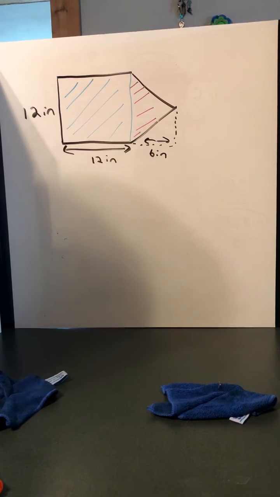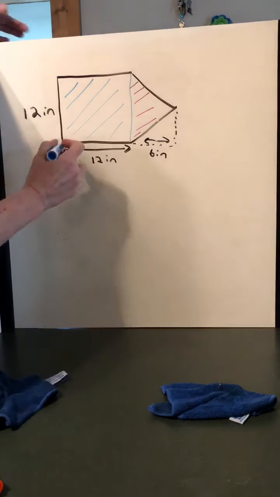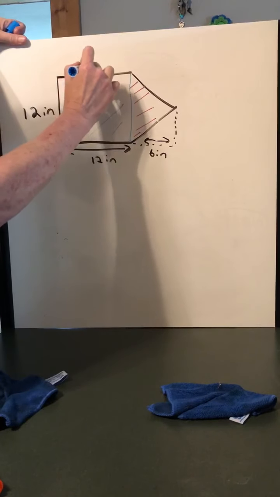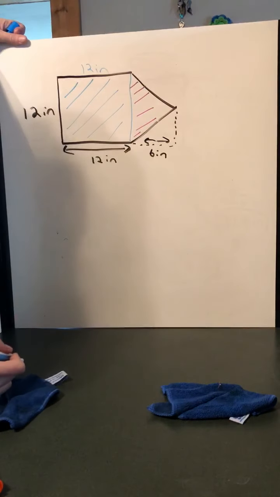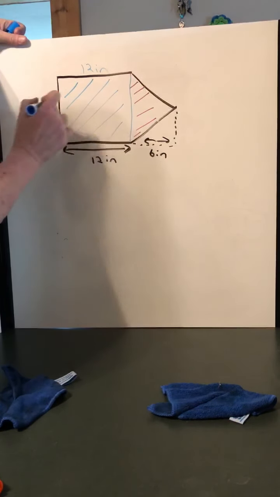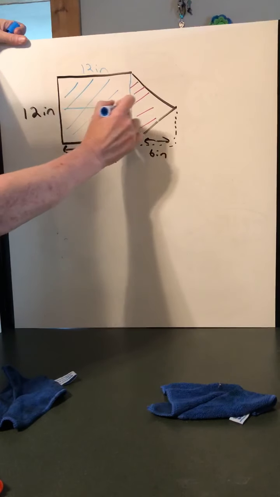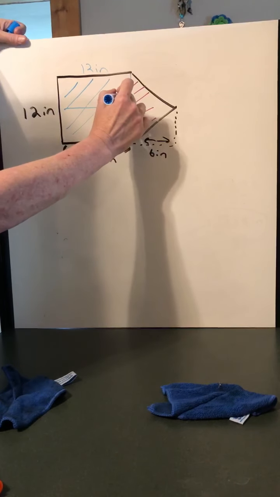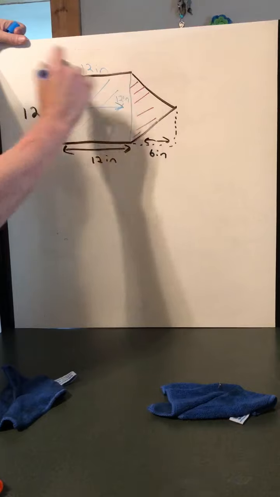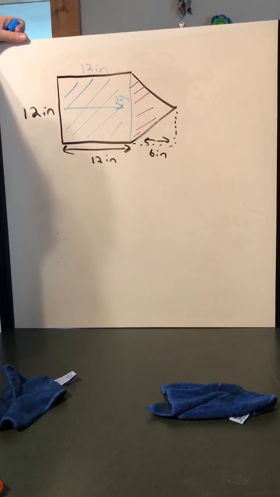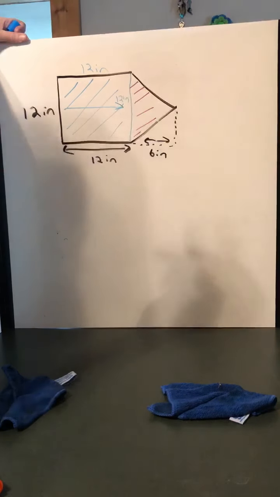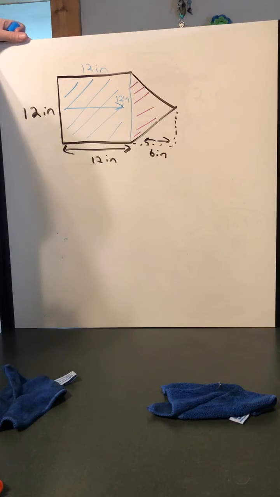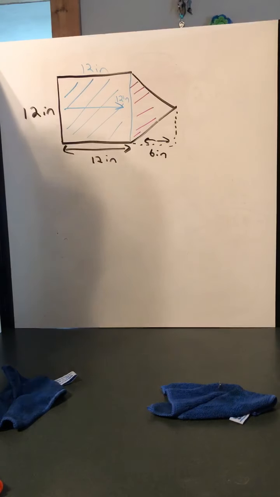And I know right away when looking at my square that this length here is also 12 inches, because it's opposite this side and parallel. So this is a square with sides of 12 inches. For the triangle, I am going to be looking for information about the base and the height.